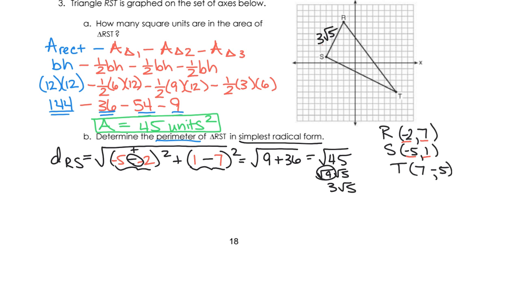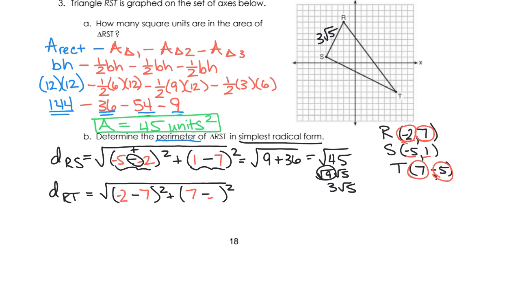Okay. Now we'll go ahead and do the distance of RT. And R's x-coordinate and T's x-coordinate is -2 and 7. And 7 and -5 for the y-coordinates.